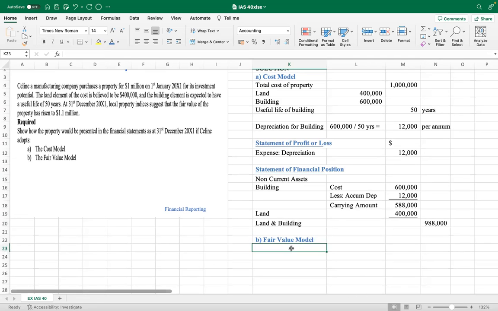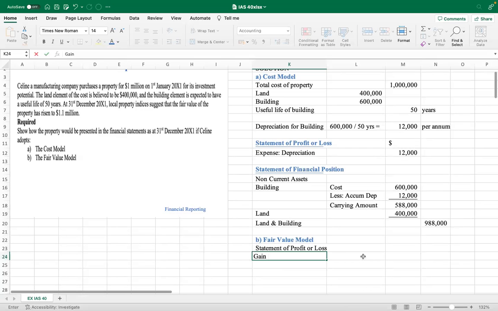So here under the statement of P and L, profit or loss, there is a gain on that revaluation.